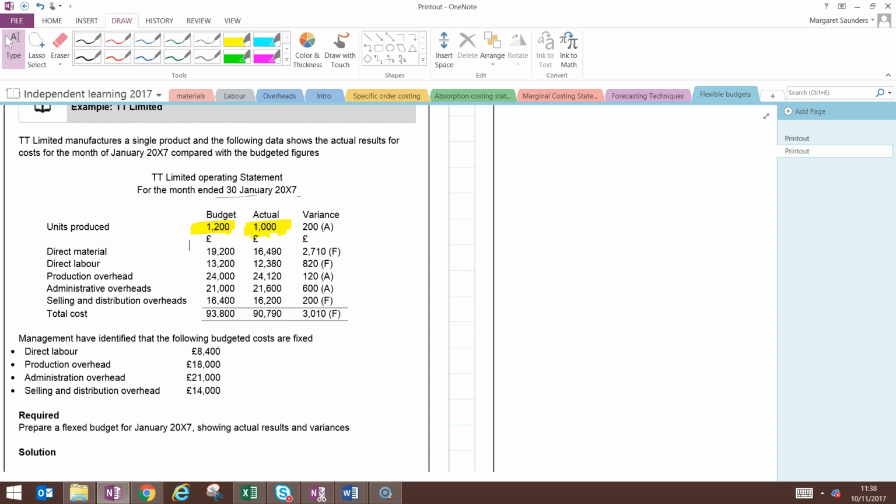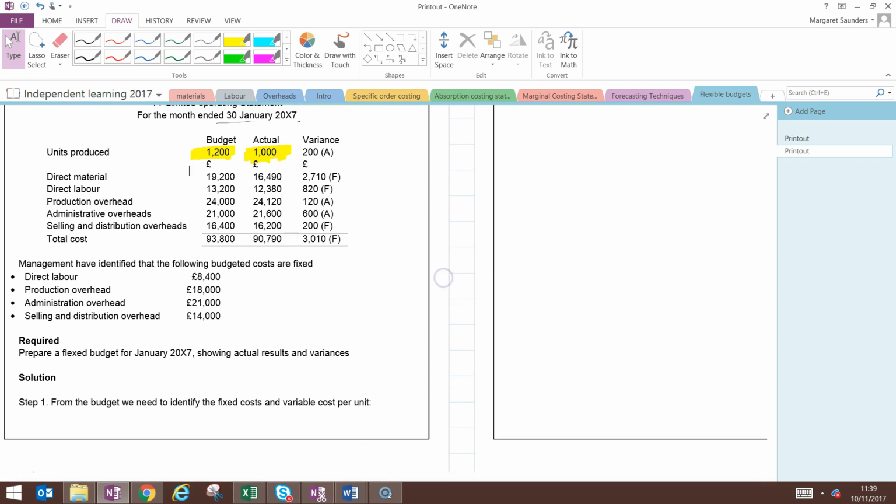Administration overhead, £21,000 fixed. Selling and distribution overheads, £14,000 is fixed. So the requirement is to prepare a flexed budget, so a budget for 1,000 units, show the actual results and the variances.